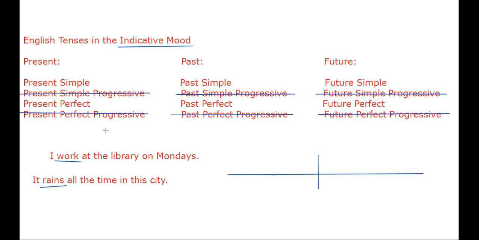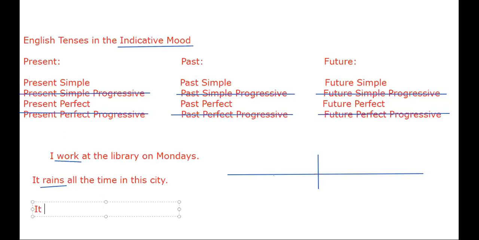But say, the meteor passes by Earth every 10 years. Yeah, see, that's a good example. That's simple present, because again, it's something that's habitual in the present. Or you could say, I go to the movies with my friends often. Here, let me type that.